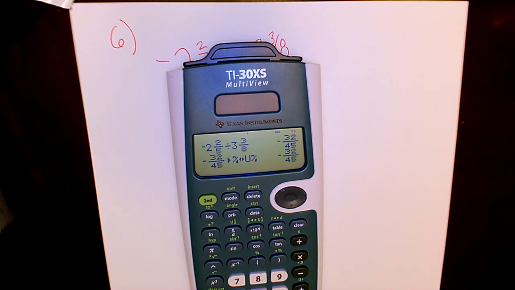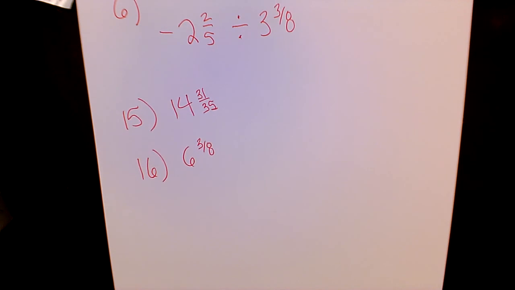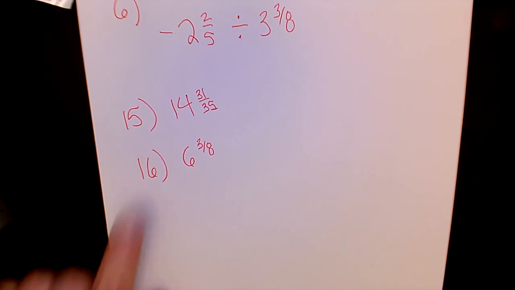So I want you to try 15 and 16 on your own, and I'm going to pause and give you the answers when I come back. Okay, so here are the answers as mixed numbers for 15 and 16.